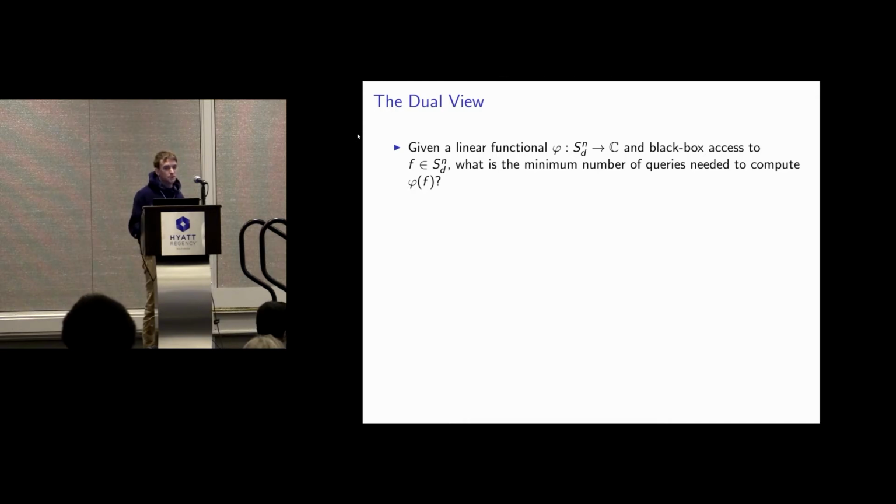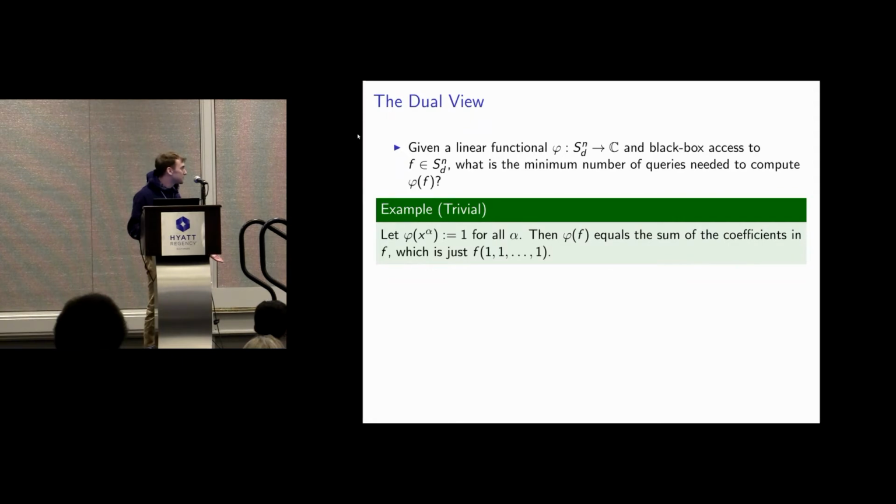So how many queries do you need to do this? As a trivial example, if the linear functional is just the one that sends every monomial to 1, then of course, evaluating phi at a polynomial f is just equal to the sum of all the coefficients of the monomials in f, which you can compute with one query, just by evaluating f at the all ones vector.